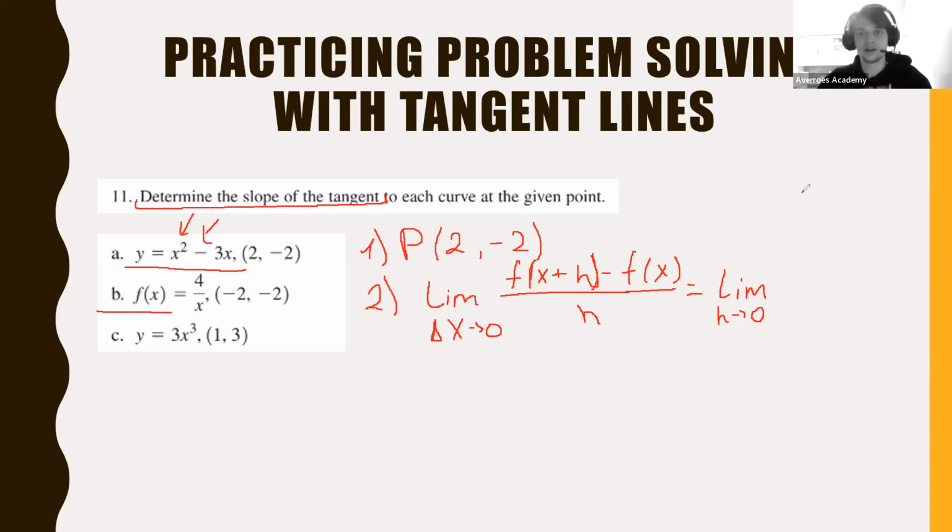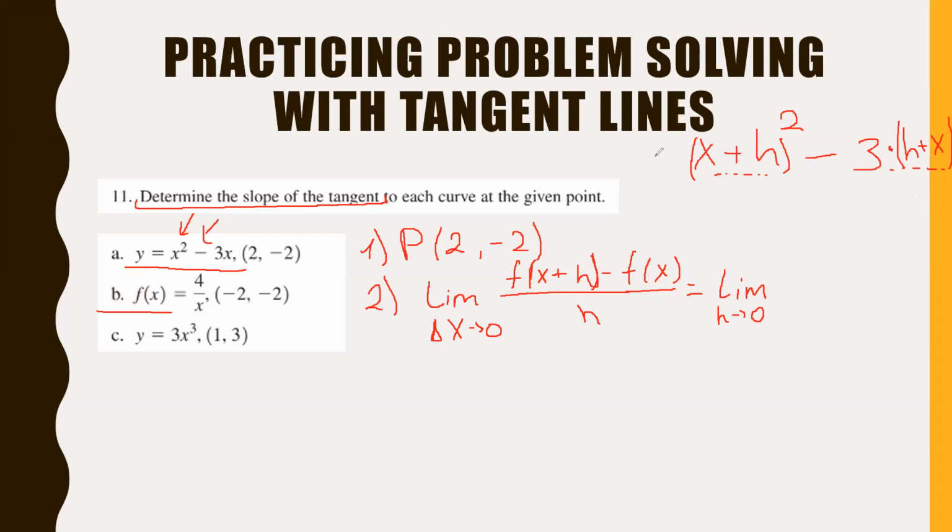Imagine there is a blank space where x is written. Blank space here, 3 times blank space. Instead of this blank space, we're just going to stick in x plus h. Do you get it? Not really, no.